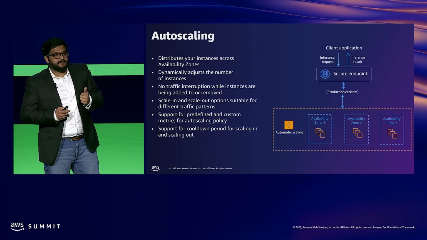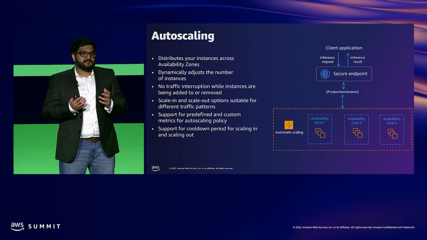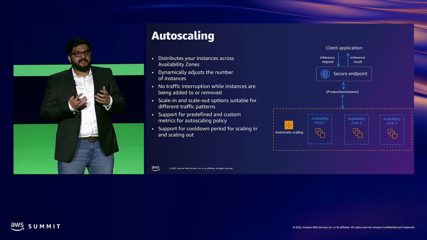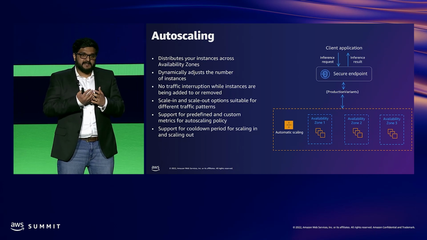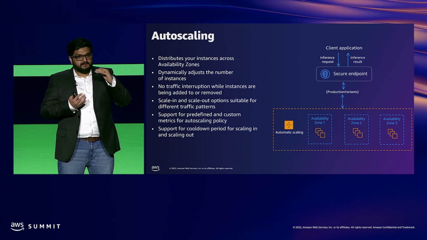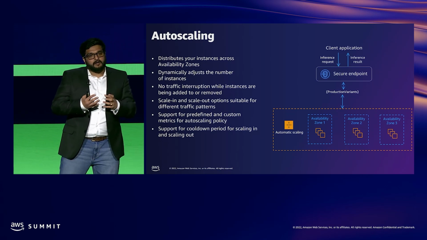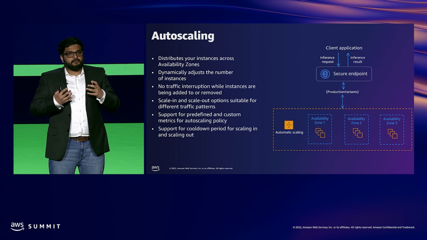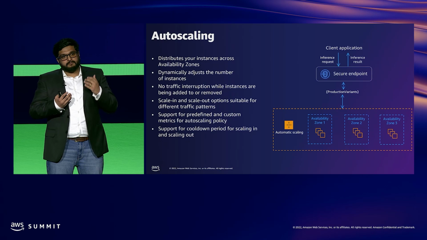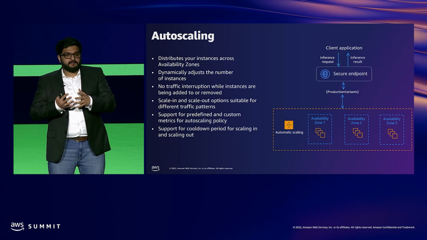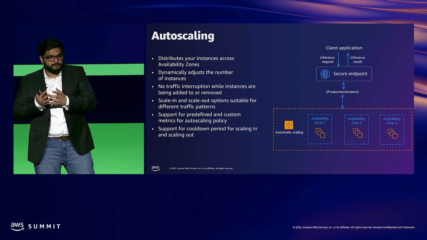A very important aspect of any inference option is auto scaling, right? So auto scaling is an out-of-the-box feature that helps customers save costs by only having the appropriate amount of instances to serve their traffic, also having high availability. So for high availability, we advise customers to use multiple instances to deploy on production, the reason being, SageMaker automatically distributes the instances across multiple AZs.